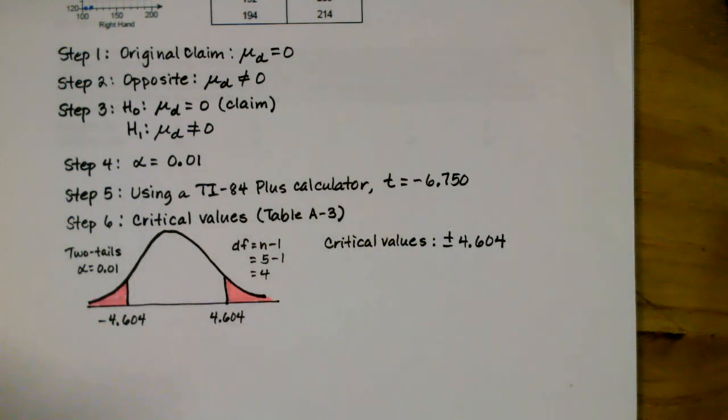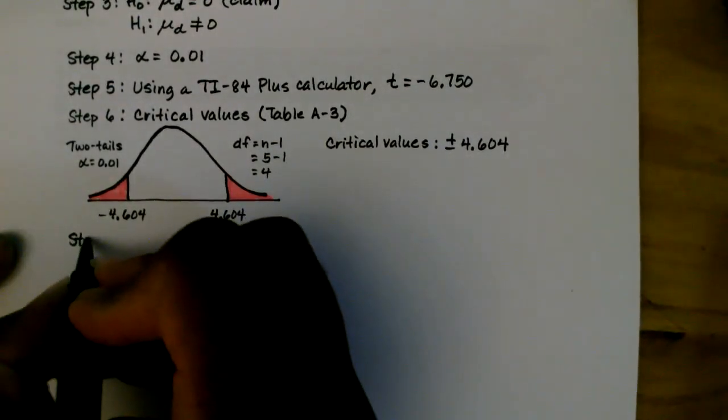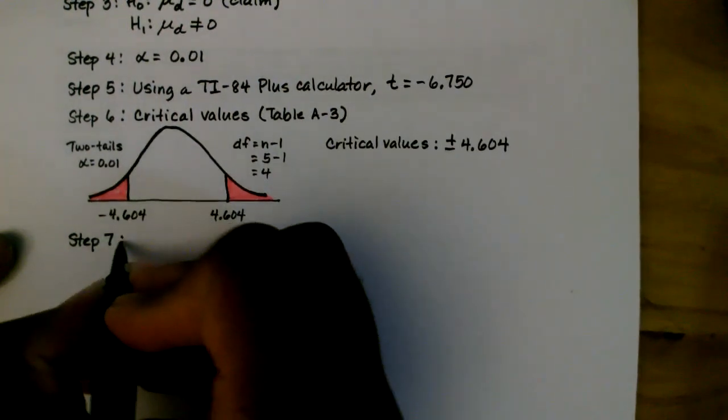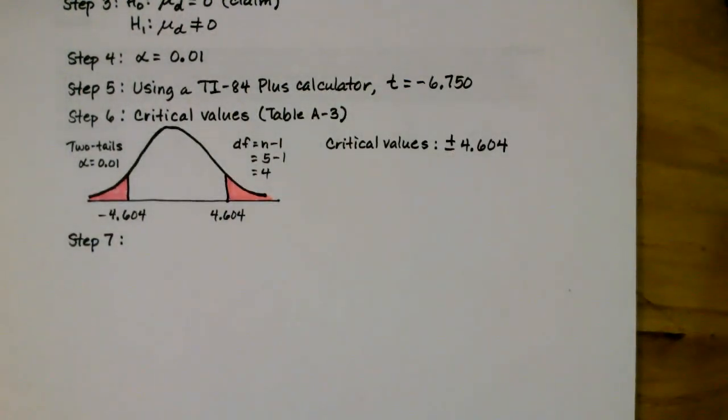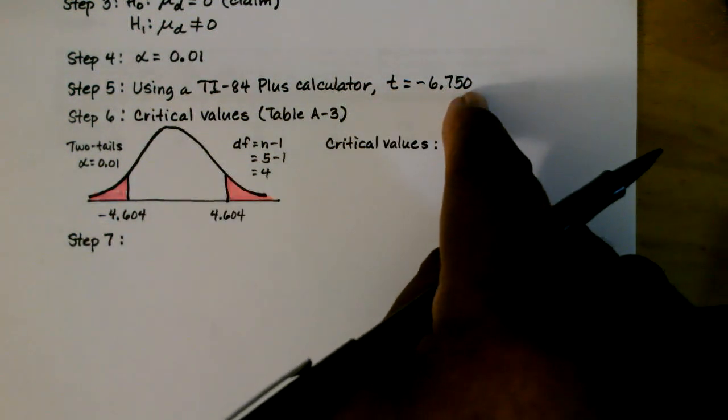That's step number 6. Now, step number 7 is the decision rule. This is different here because in the past, you've been using the p-value and comparing it with your level of significance. And if that p-value was less than your level of significance, you would reject the null. In this case, you're comparing your critical value with your test statistic.